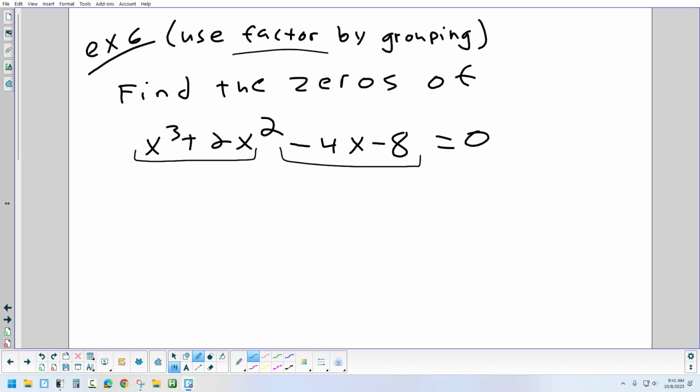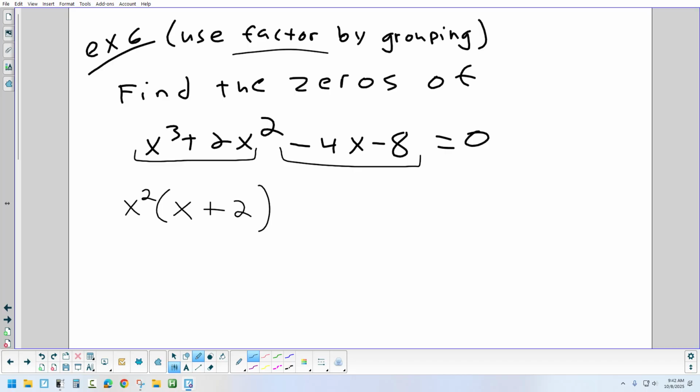X squared. And if you factor out an x squared from x cubed, what would that leave you with? Just x. You can check it by distributing it back out. Plus 2. Now the hope is we need to see this x plus 2 pop up again. If it doesn't, then we can't do factor by grouping.